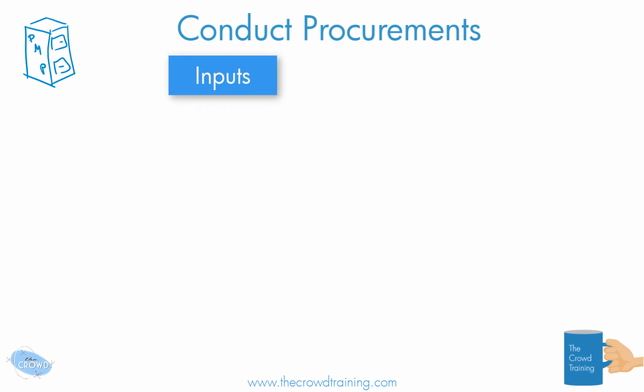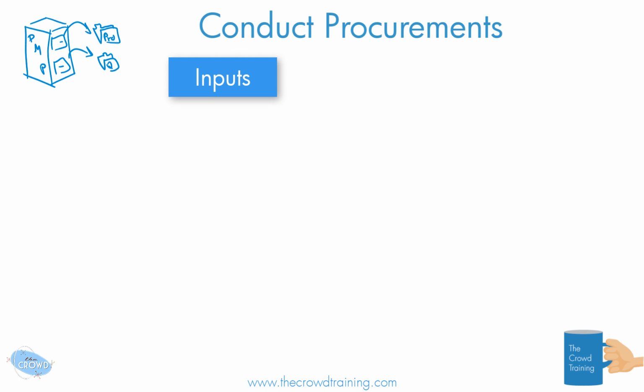And I draw it as a file folder because, as you know, I like to think of it as a bunch of plans, not just the procurement plan, which obviously is probably the most major one we're going to be using as an input to conduct procurements, but there's also other plans, for instance, quality plans, research plans, and resource plans, and many other plans that are going to be useful in determining how we best conduct our procurement.